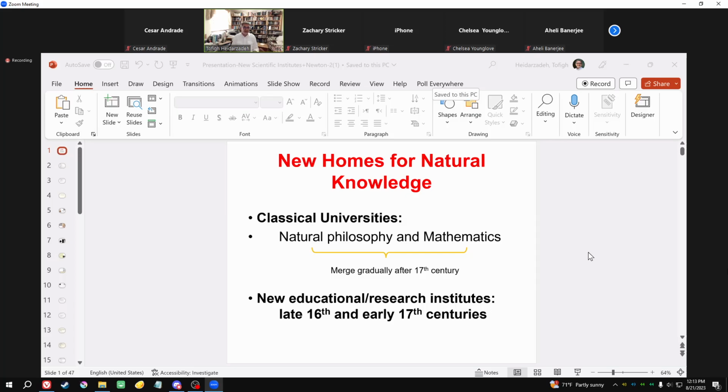What we see later is that natural philosophy was under the umbrella of philosophy. Natural philosophy, as it comes from its name, was philosophy. You talked about physics based on philosophical principles, as we already talked about Aristotle.